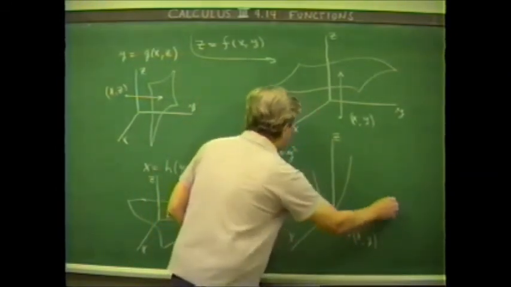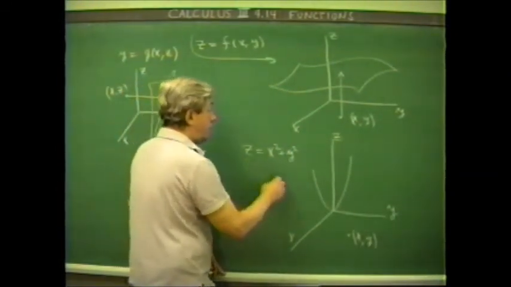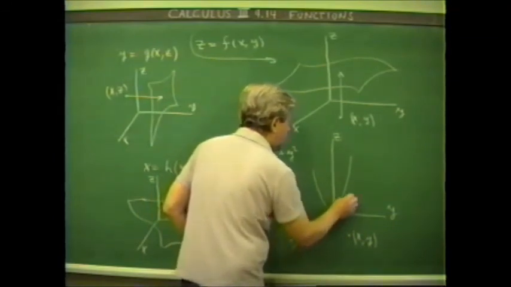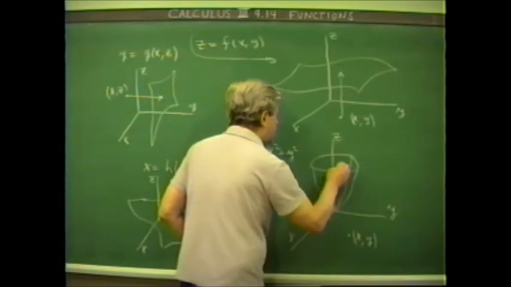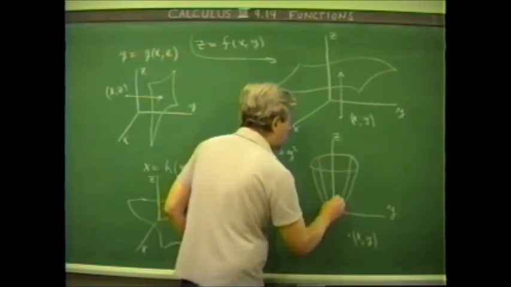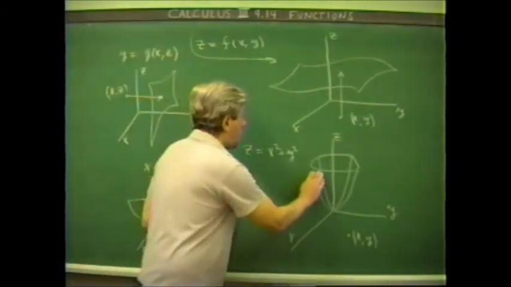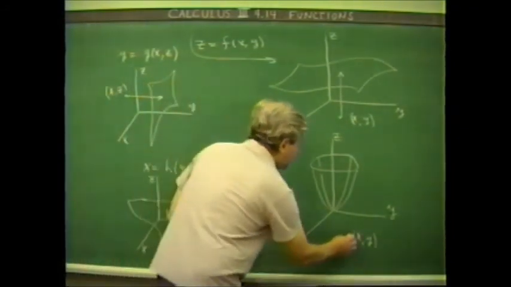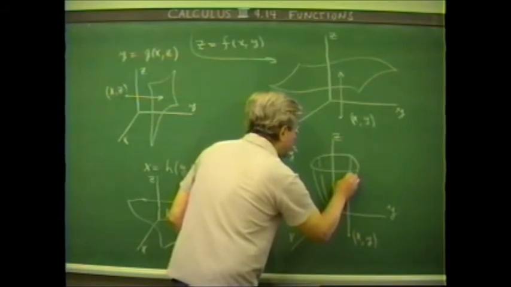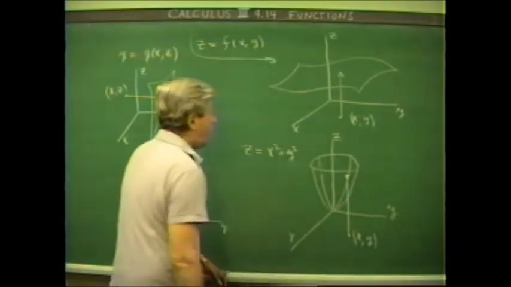When x is equal to 0, we get a parabola in the yz plane, and the resulting surface is going to look like this. Right. So above this particular point x, y, there's going to be exactly one point here on the surface.